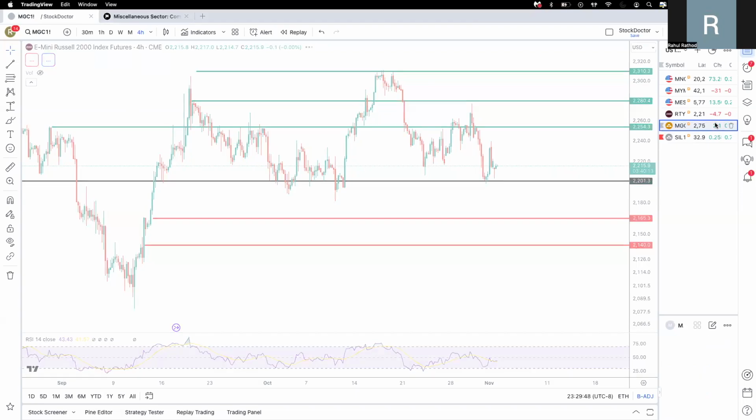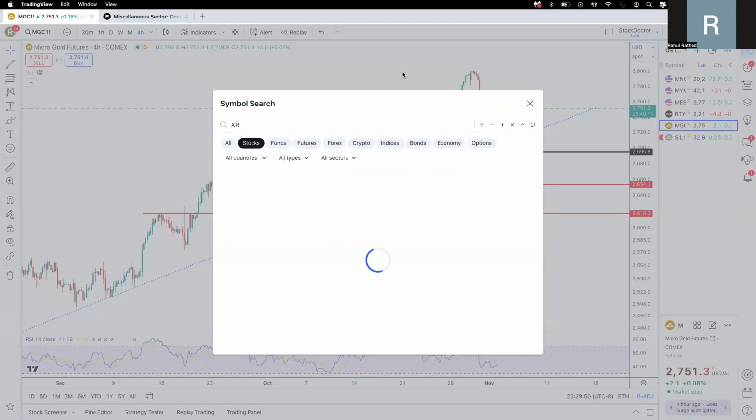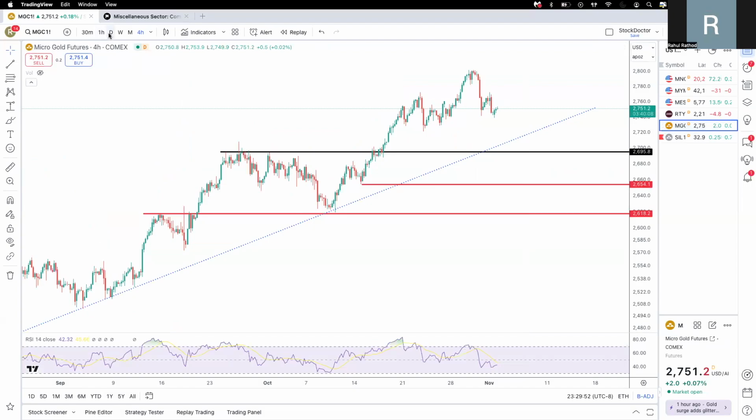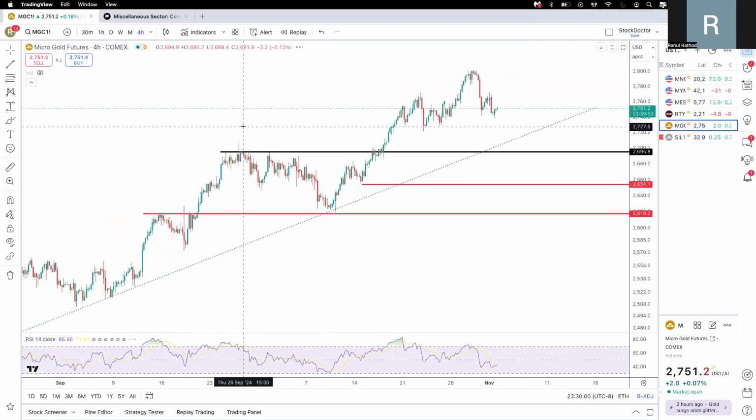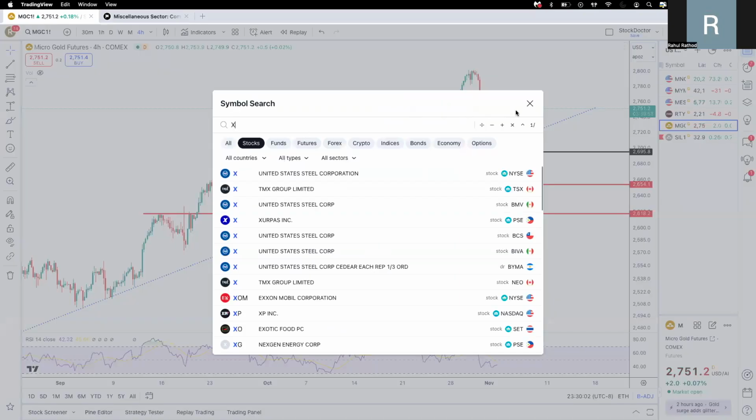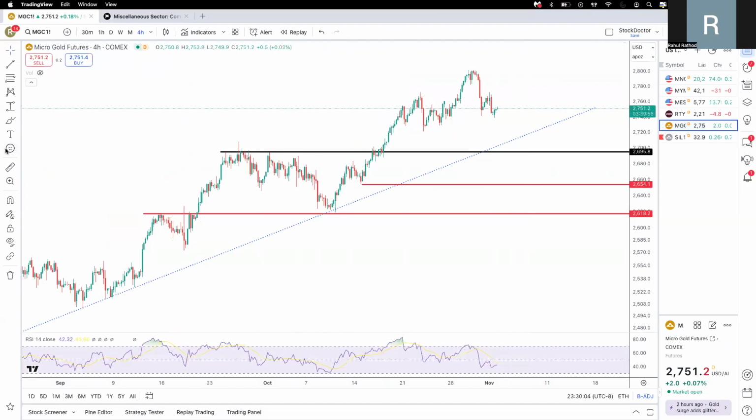Now, if we talk about gold, you can see gold is going up day by day. This is a parabolic upside in gold. It's very expensive at this point of time, and I think there should be some recovery in gold. Ideally, I'm looking for the level of 2700.